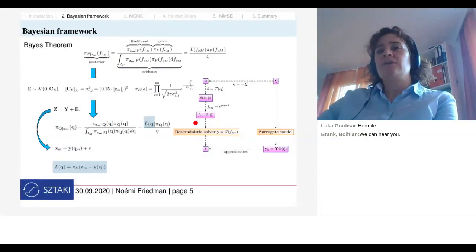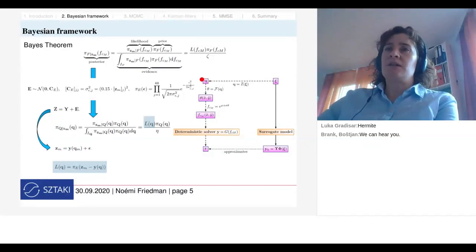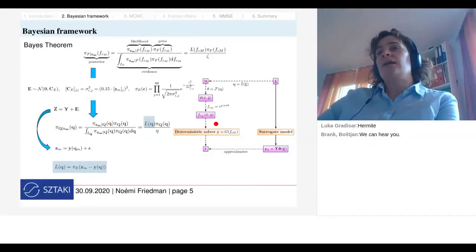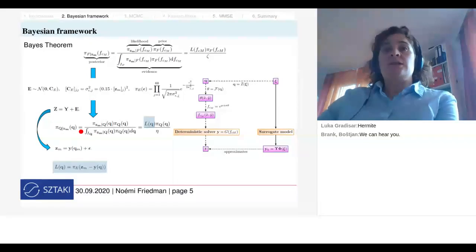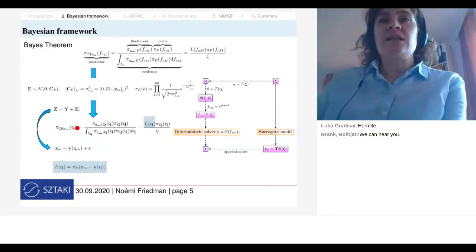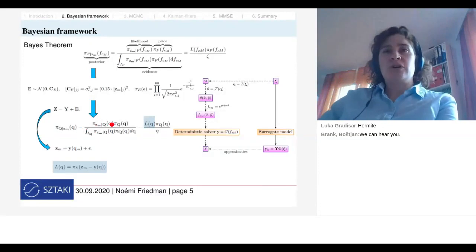Instead of working with the field, it's much easier to work with the random variable. I will get an updated distribution of Q, and then I can map it to the scaling field. It's not a problem, and it makes the computation easier. Still, I don't have a closed form for the likelihood, so it didn't help me in that.